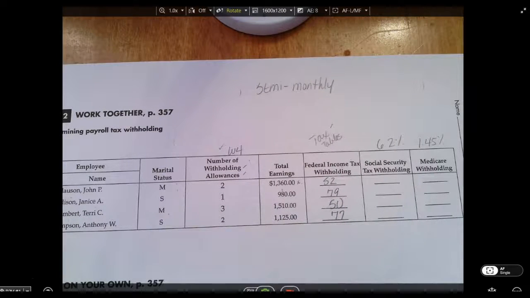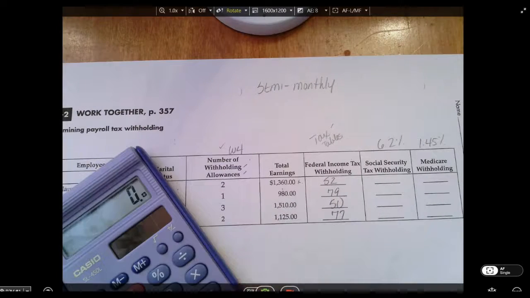Now we'll figure out their Social Security. This is all the tax that you as the employer are going to have to take out of their check.